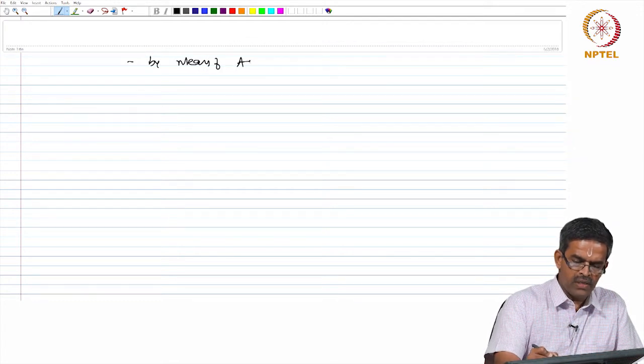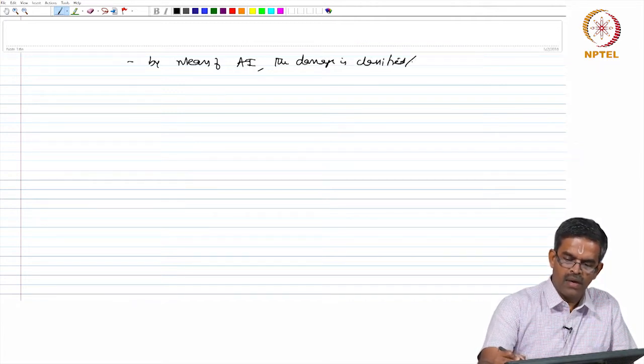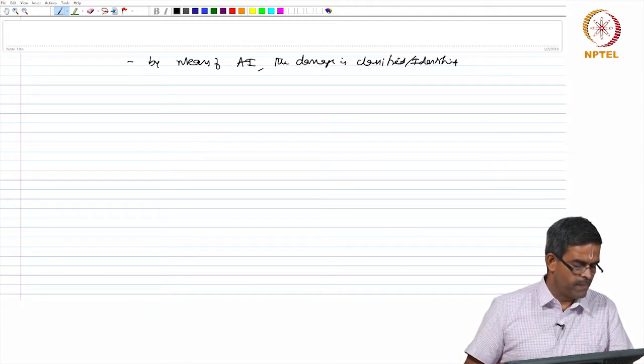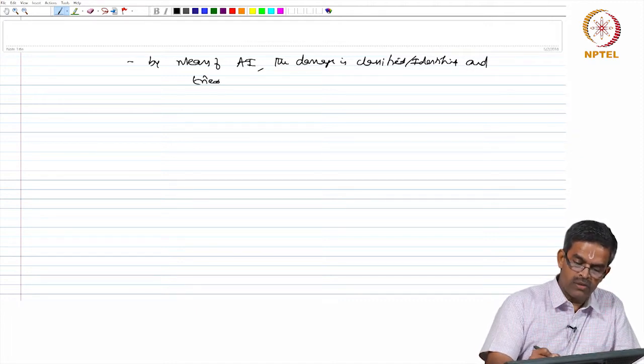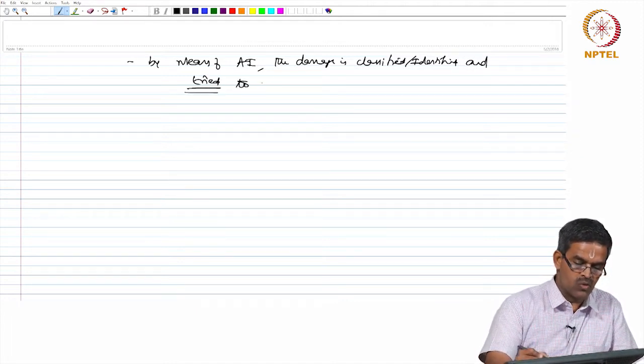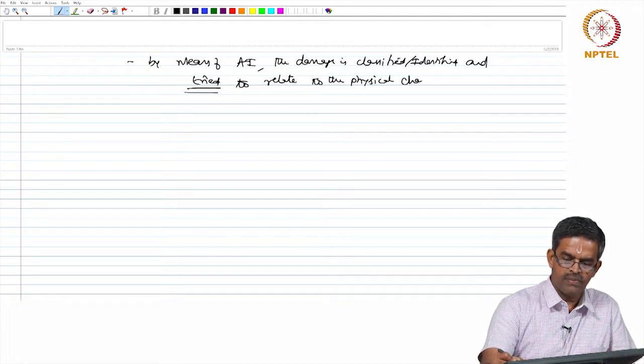By means of artificial intelligence, the damage is classified and identified as well, and, I should say, tried to relate to the physical characteristics of the bridge.